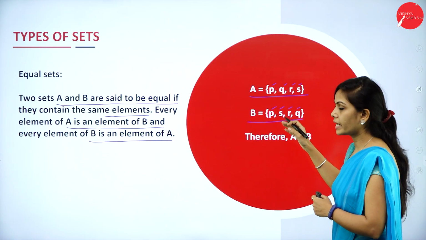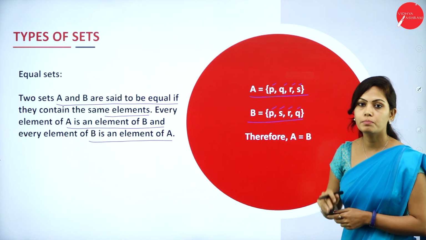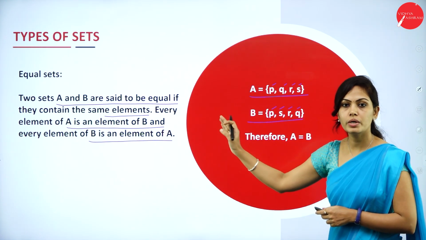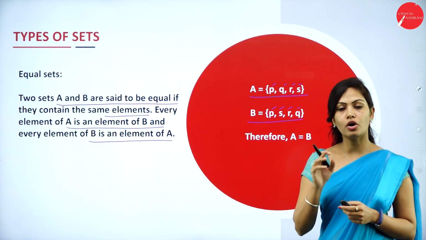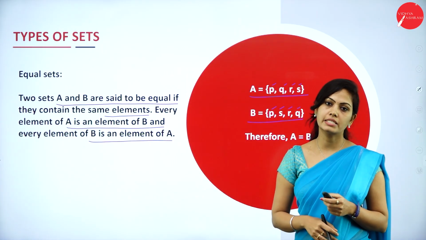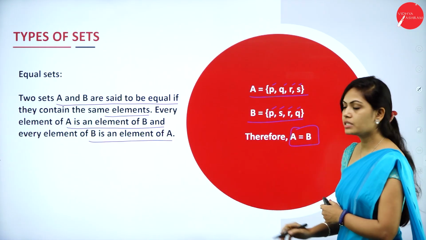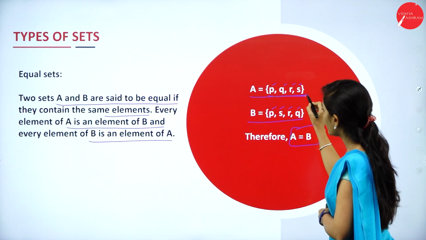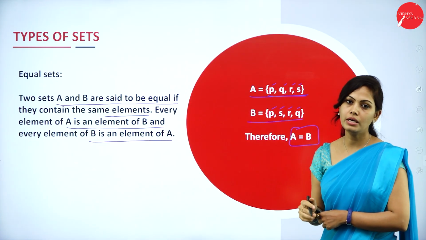Keep in mind, in sets the elements or objects need not be in proper order, and we can still call it a set. So this is the representation of equal sets: A is equal to B, because every element of A is an element of B.